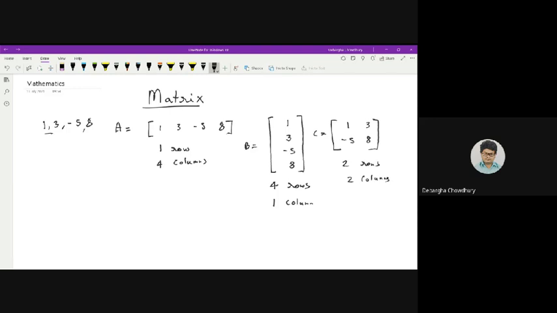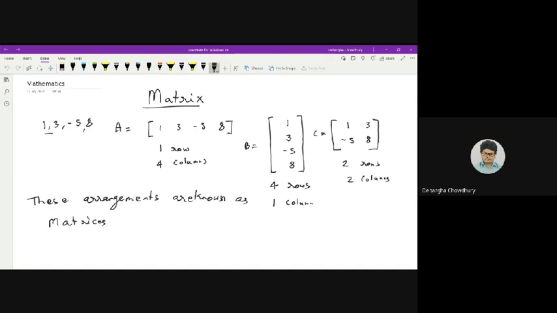Okay, so these are the basic differences in the structure of the arrangement, isn't it? This kind of arrangement is known as a matrix.